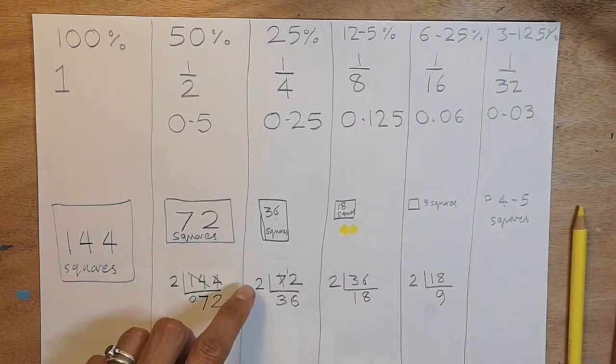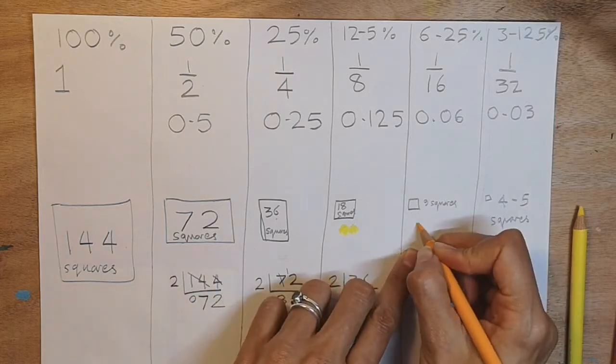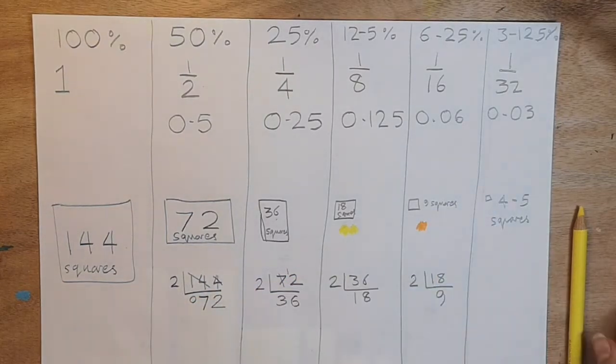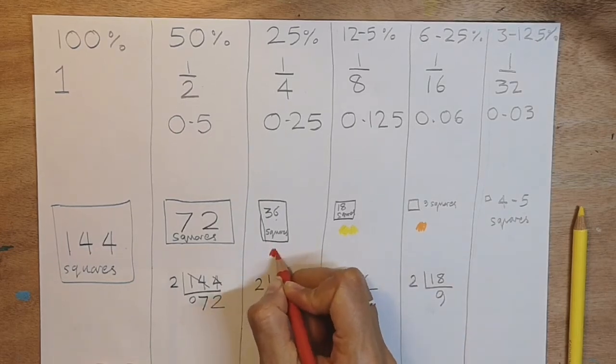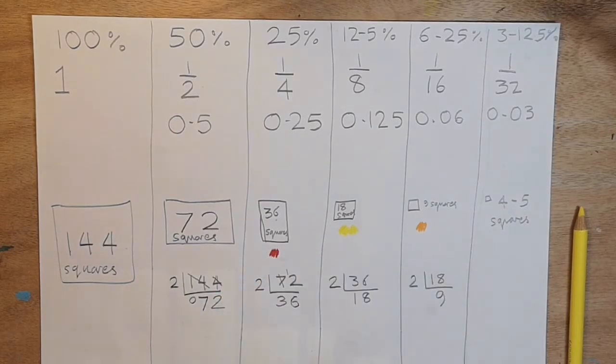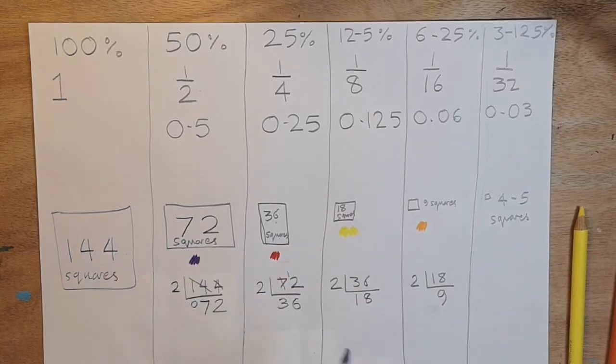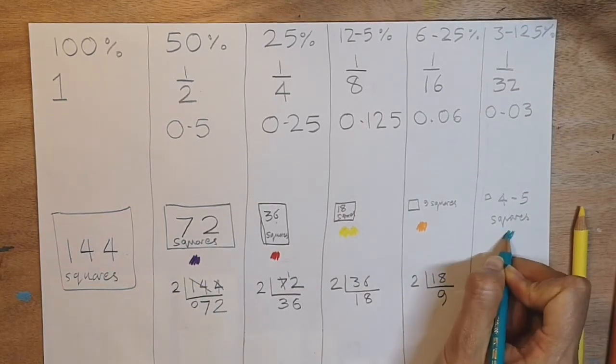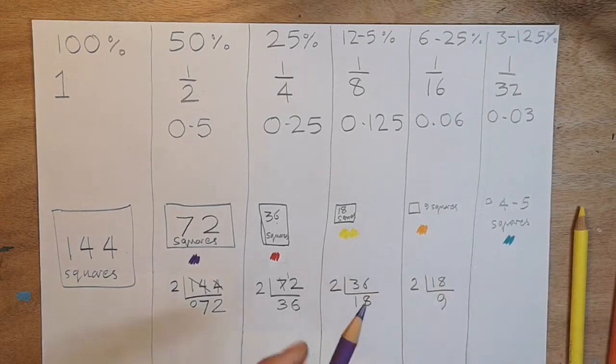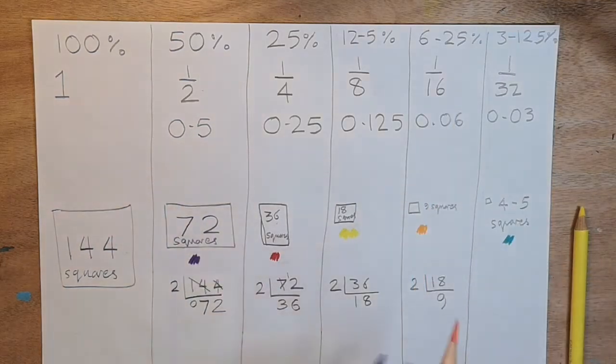I'm going to go with 9 squares orange, 36 squares red, 72 squares purple, 4.5 squares green, and then there'll probably be 4.5 squares left at the end that I will do one more colour, which will be this bright orange. You'll see what I mean at the end.